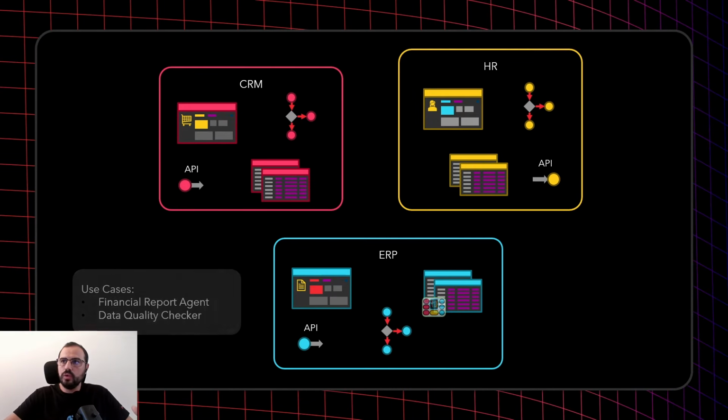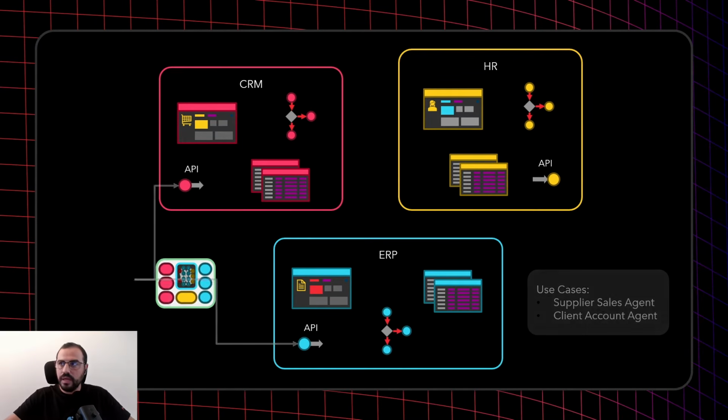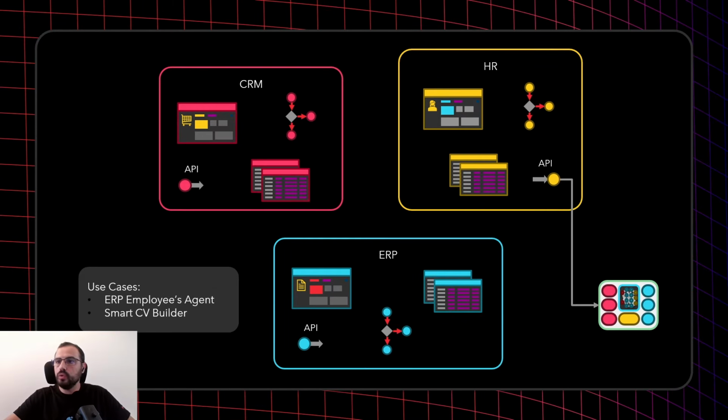But then we can also have an agent coming from the outside, right? Because the fact that we expose APIs to the exterior, this means that we might want also to give the capability of external agents to act upon our systems, right? So we can also have an external agent contacting our systems. And at the same time, we can also have an agent fetching data from our systems to produce other effects outside the scope of these three applications.